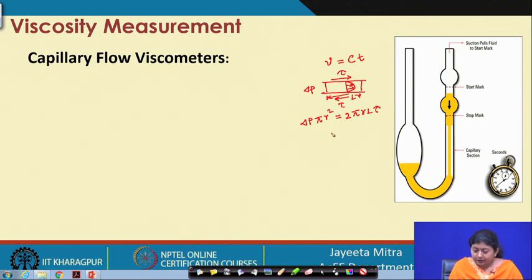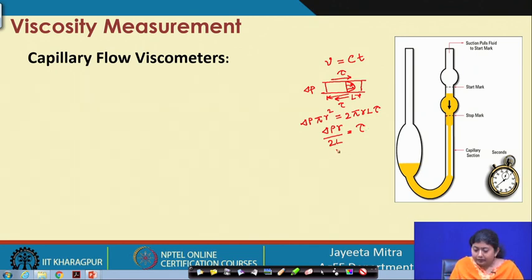So, from here we can write that delta P into r by 2 L is equal to tau.